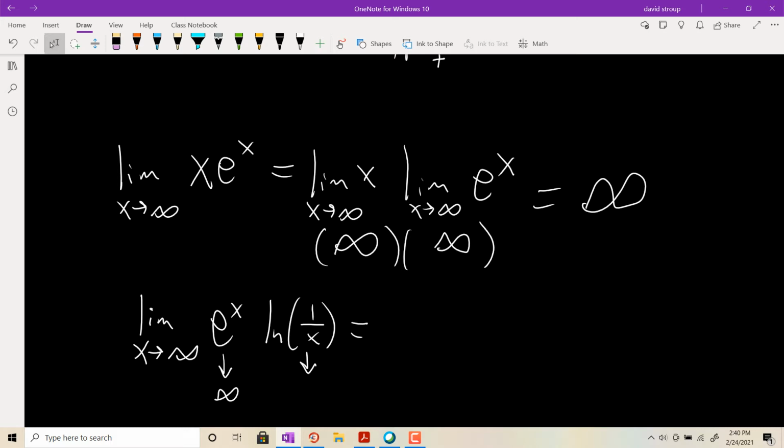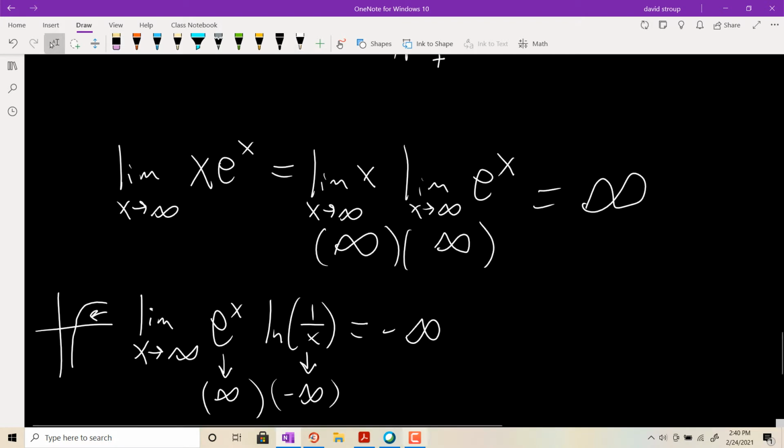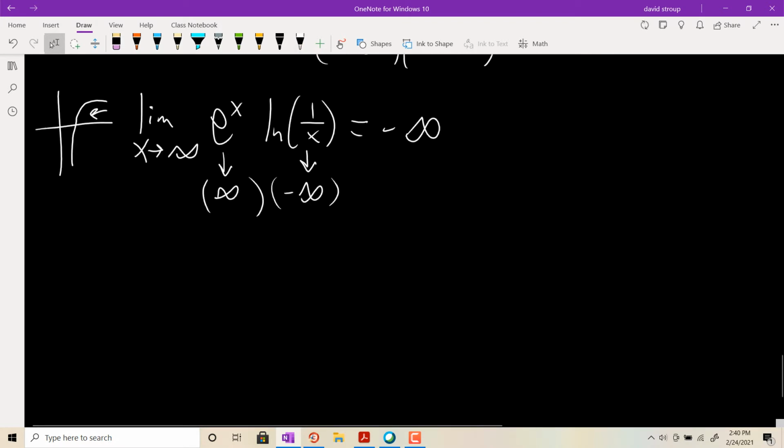It's basically approaching 0 from the right on the natural log, so you're coming in this direction, and that goes to negative infinity. Even if you didn't understand that, the point is that your answer is negative infinity, because infinity times negative infinity is negative infinity. You can think of it that way.